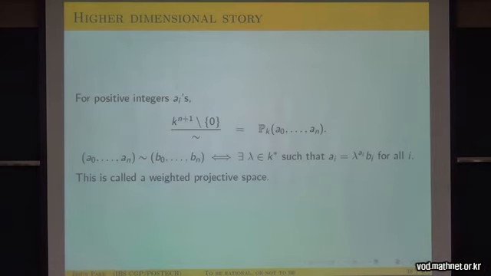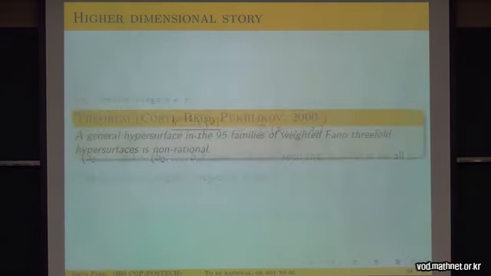Then you consider the varieties defined in it, and you can ask similar questions. There is a famous list of 95 families of weighted hypersurface threefolds, and they proved that the general hypersurface, I mean almost all in this family, is non-rational.